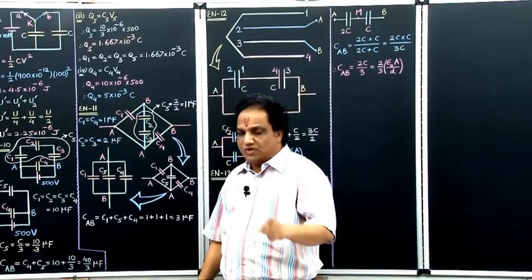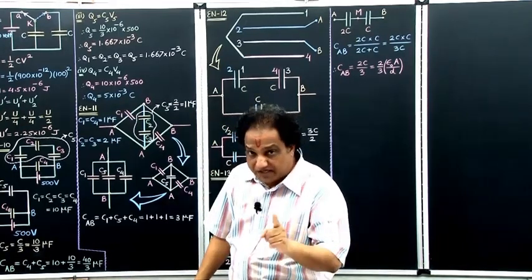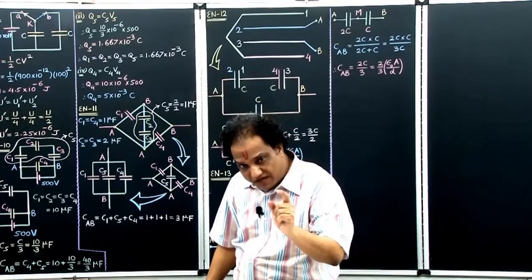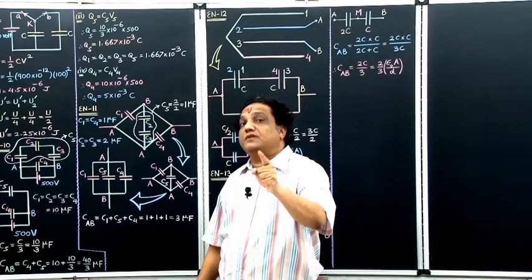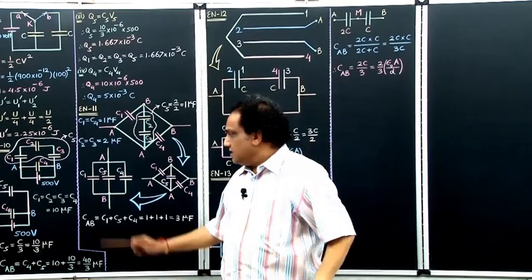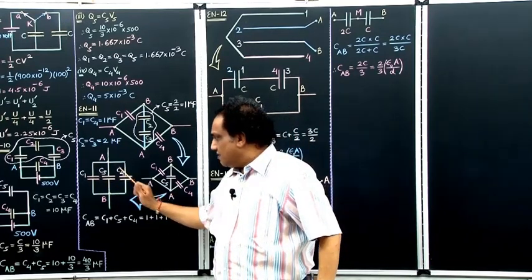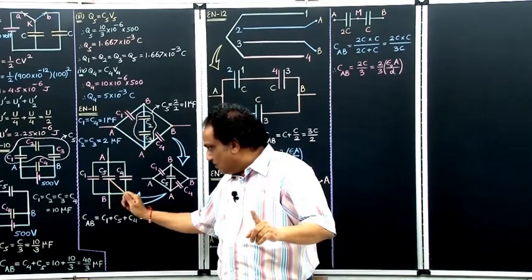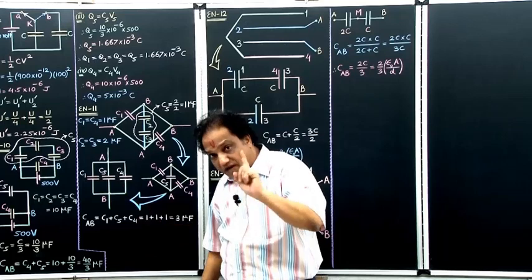I told you, if interconnected plates have like charge, that is same polarity of the charge, then the connection is nothing but parallel connection. These 3 plates are interconnected here at point A, they all have positive charge. These 3 lower plates are connected at point B, they all have negative charge.